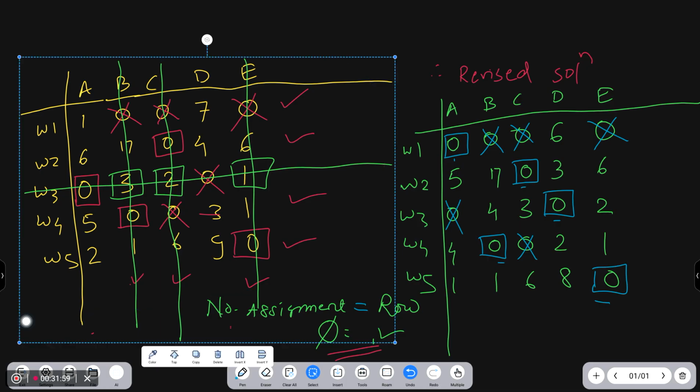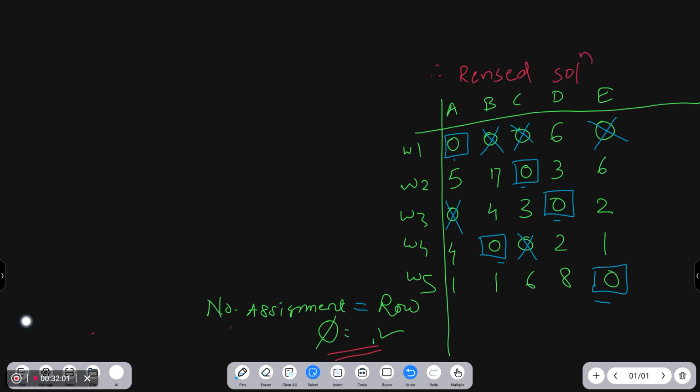You have to write the allocation very properly. So now the allocation will be like this.